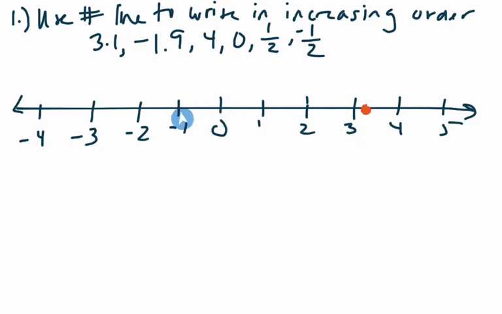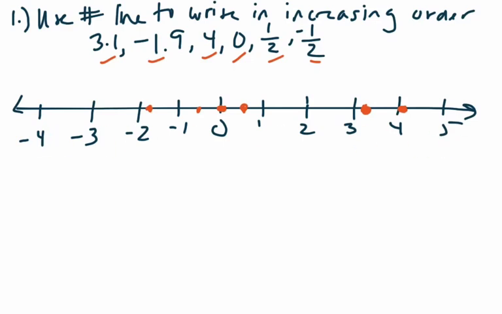Negative 1.9, so we're going to go negative and then 1, and then 0.9 is going to bring us almost all the way to the negative 2. 4, so 3, 4, 0, 1/2, okay, 1/2 is going to be in between 0 and 1, and then negative 1/2, which is going to go in the other direction. Okay, and we should be able to list them off.